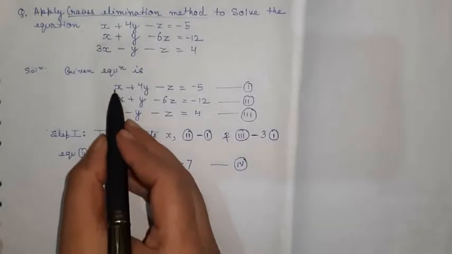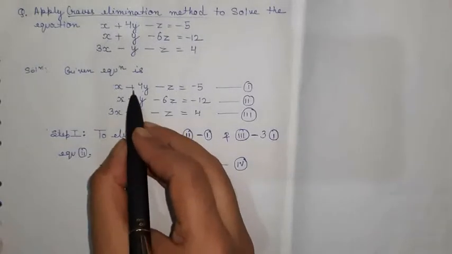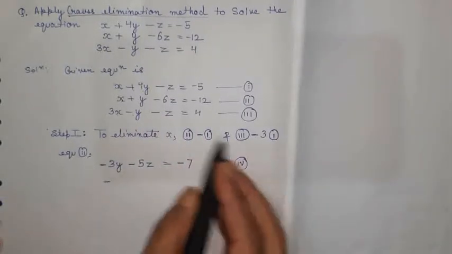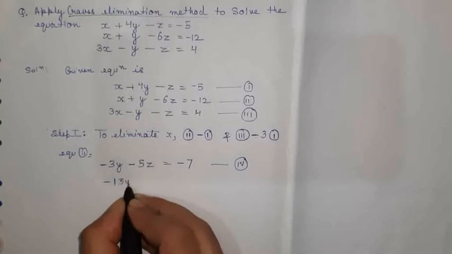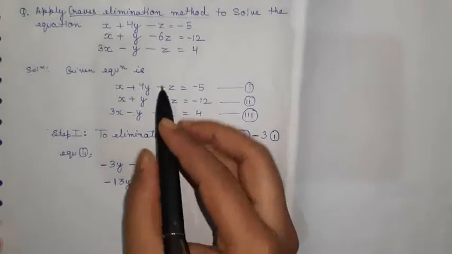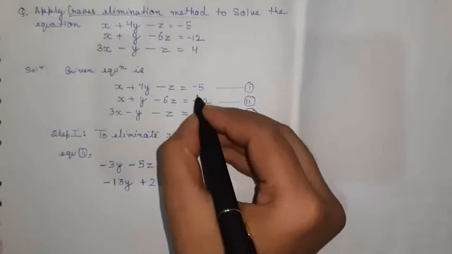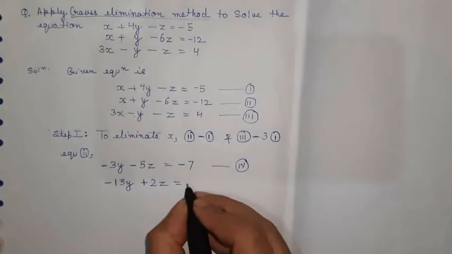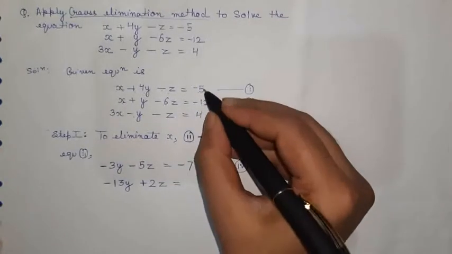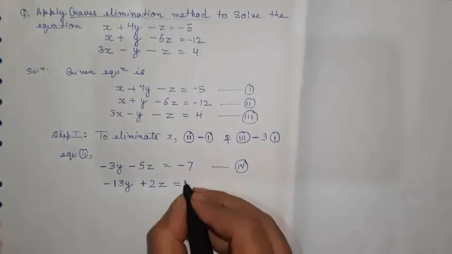We will multiply this equation by 3 first and then subtract. So 3x minus 3x becomes 0, minus 4y plus 12y becomes minus 13y, and then minus z minus plus 3z, so plus 2z, and this one 4 minus plus 15 will become 19 when multiplied by 3.